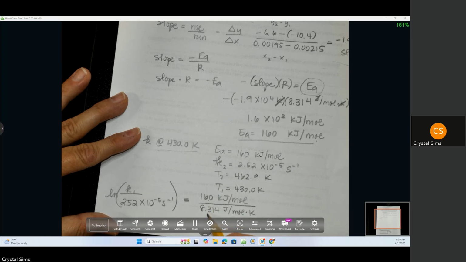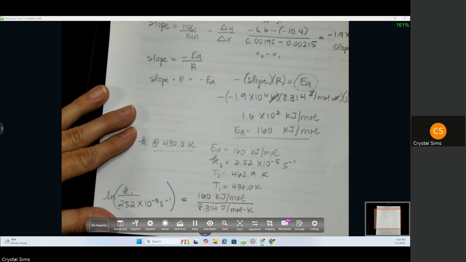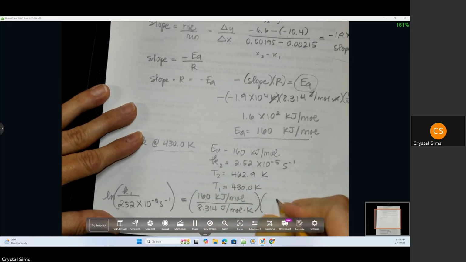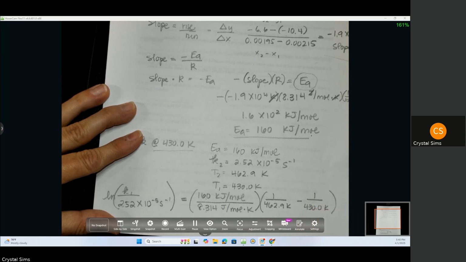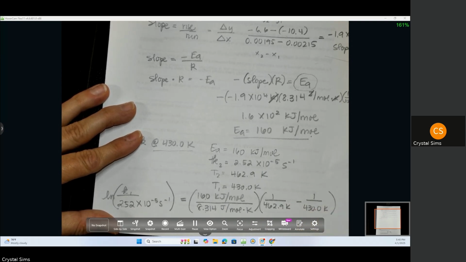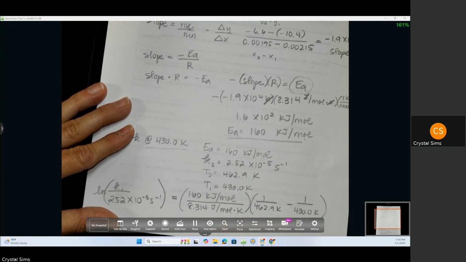There's my activation energy and my constant R. And then I'm going to plug in my temperatures. There. Okay. And then, because I converted this to kilojoules, I got to go back to joules.